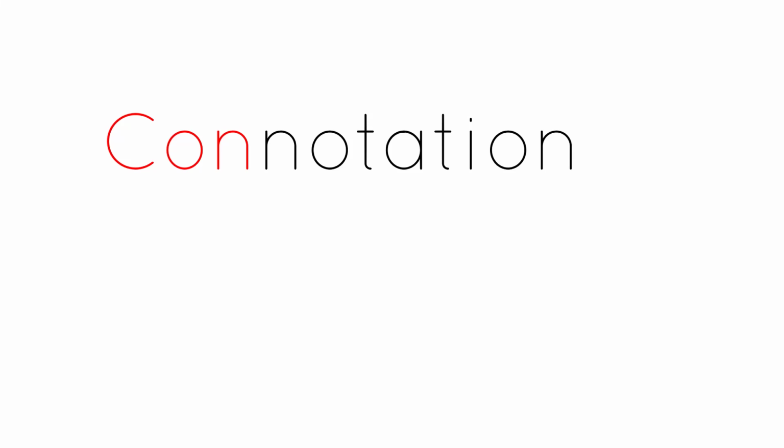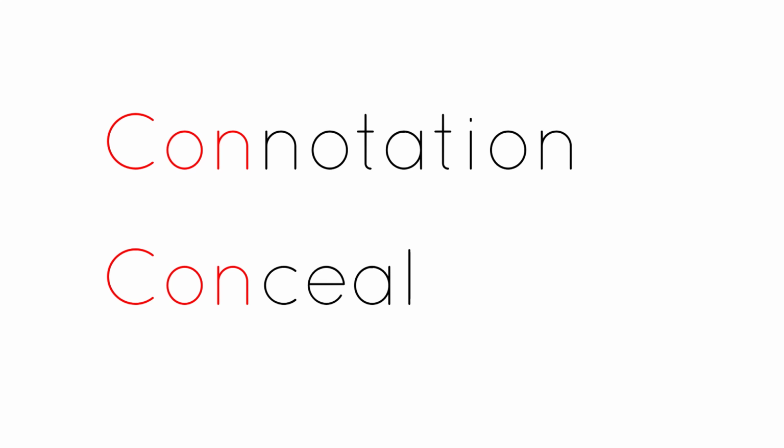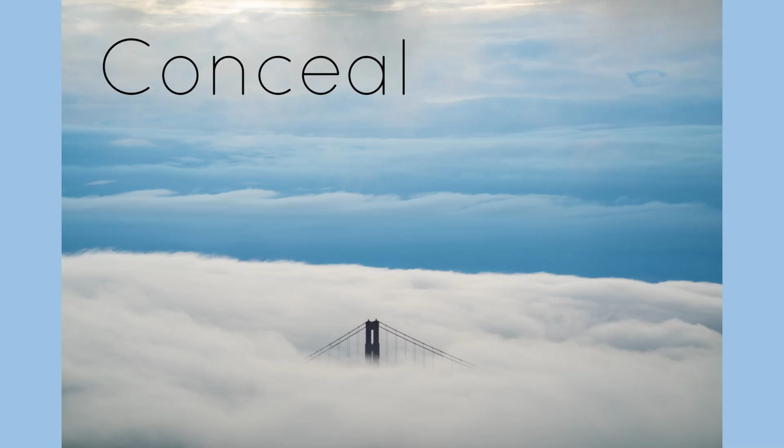Connotation is a little trickier. It starts with CON, and to help me remember it, I use the word conceal. So it's what's concealed behind the word. Now, what does the word conceal mean? If we look here at this picture of the tip top of a bridge sticking out through some clouds, most of the bridge is concealed behind the clouds.